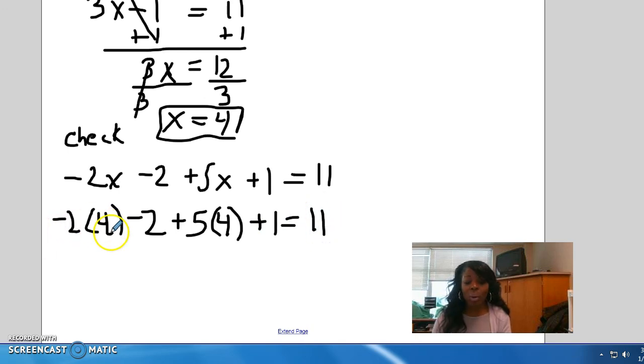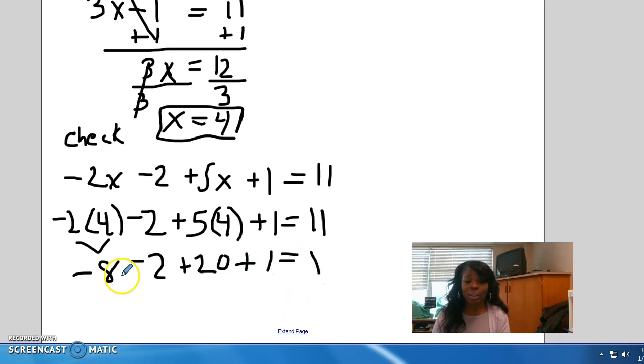Negative 2 times 4. If we have 4 negative 2's, that's going to give us 8 negatives, minus 2. If we have 5 4's or 4 5's, that's 20. Plus 1 equals 11. Does this equal 11 is the question.